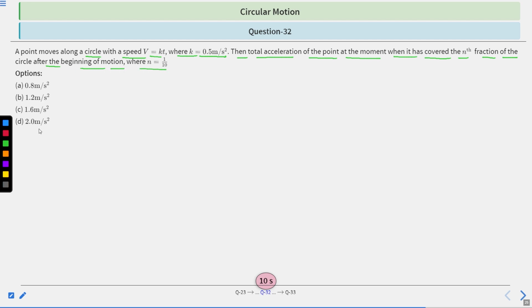Which option is correct? Option A is 0.8 meter per second square. Option B is 1.2 meter per second square. Option C 1.6 meter per second square. And option D 2.0 meter per second square. Which one is correct? Clear? You have 10 seconds to solve this question. After 10 seconds we will provide the solution.